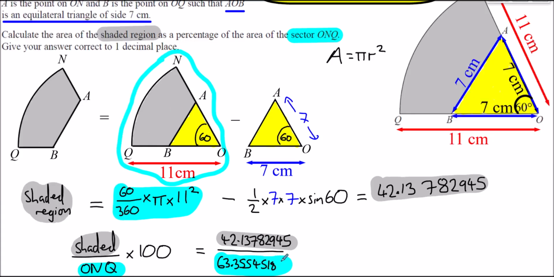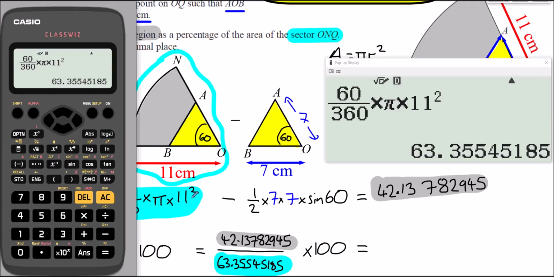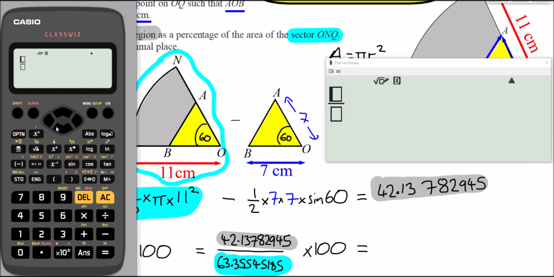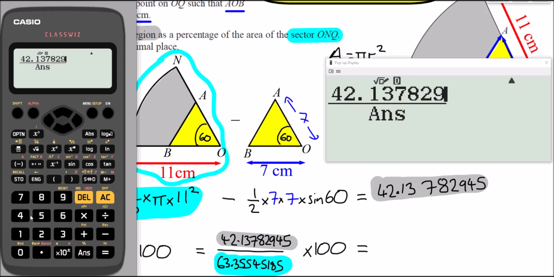So it's those two values in the fraction multiplied by 100 to convert to a percentage, which is what I'm actually after. So because I've got the denominator, I can basically cheat and just type in ANS, my previously stored answer at the bottom, is what I want. The top is this grey number, 42.13782945.